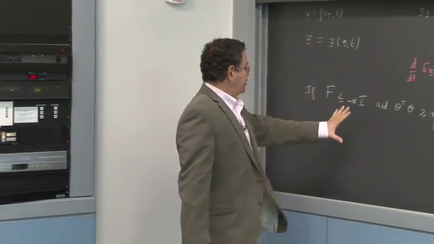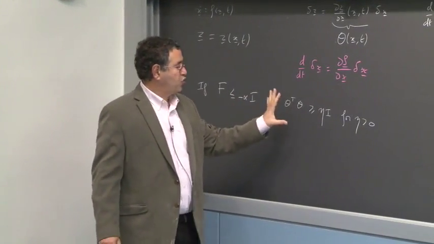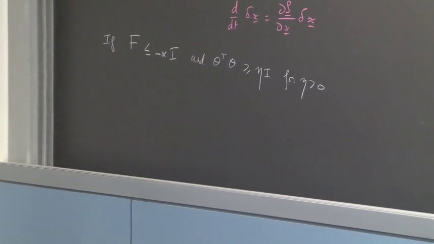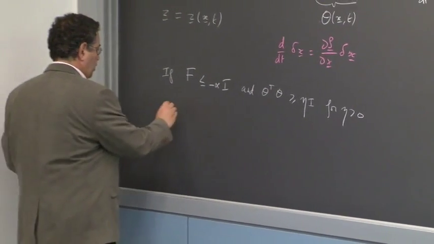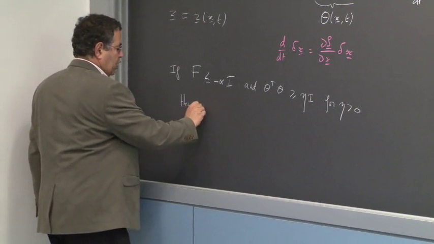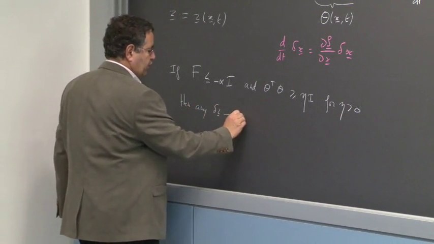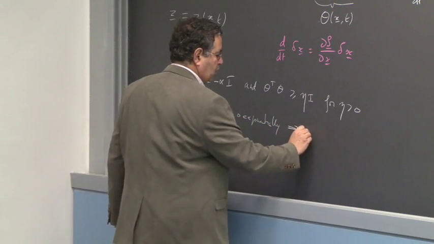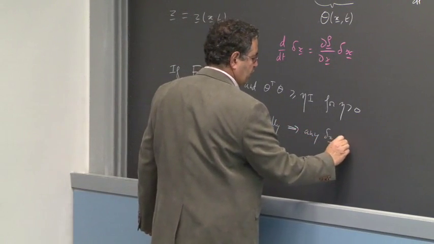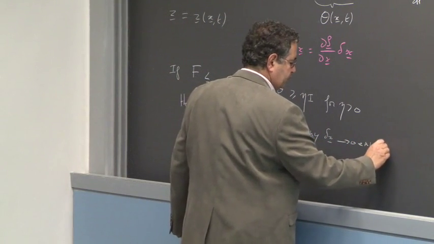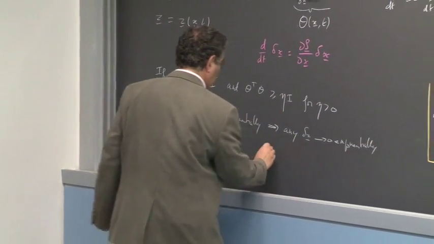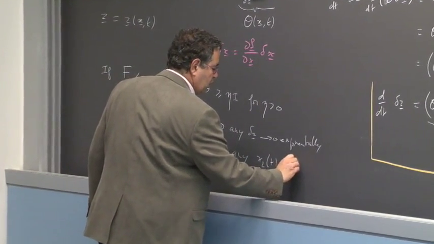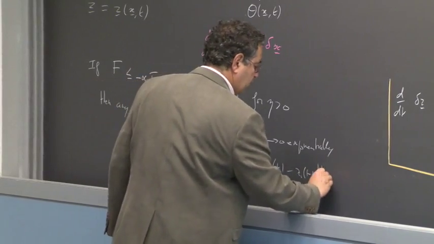So if F is larger than minus alpha I, and this square is larger than some strictly positive definite matrix, okay, then any delta z will tend to 0 exponentially, which will imply that any delta x tends to 0 exponentially, which will imply that any x2 minus x1 tends to 0 exponentially.